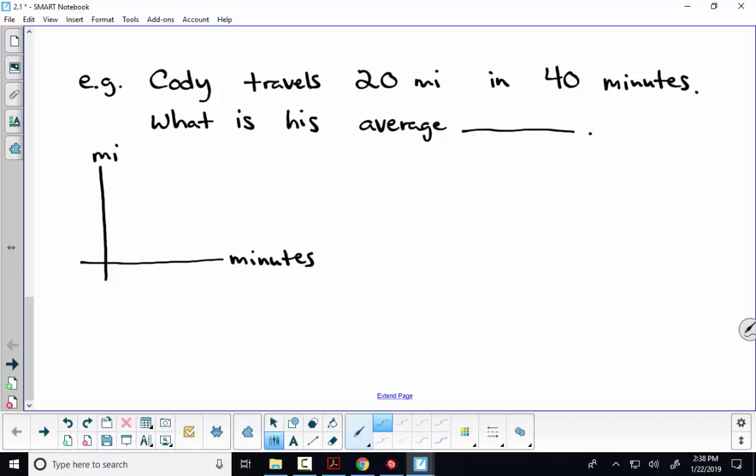More specifically, it's a velocity because I'm traveling in a particular direction. But we can think about this as average speed or average velocity is what we're measuring. Miles per minute. That's our velocity.